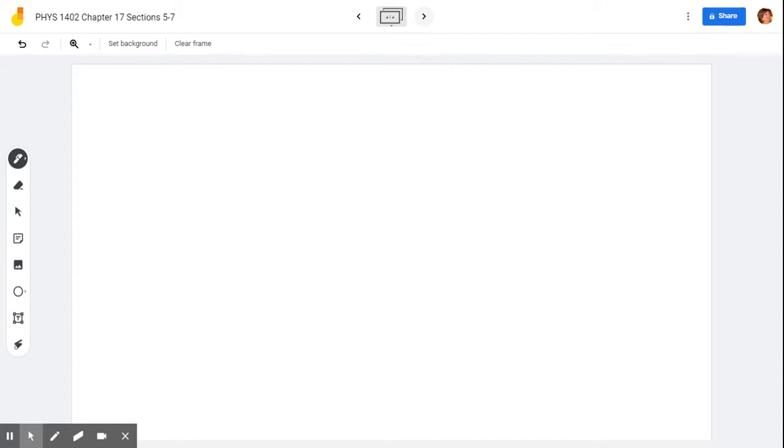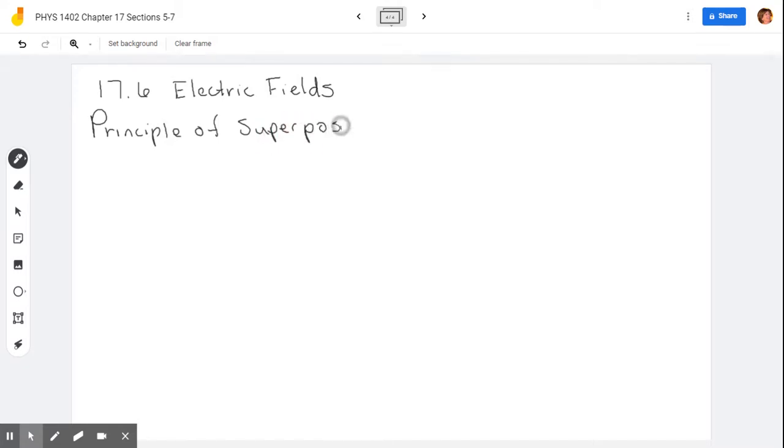Okay, so we're moving into section 17.6, which is really just a continuation of this idea of electric fields. I'm going to begin with the principle of superposition. And we've had principles of superposition when we talked about waves earlier.